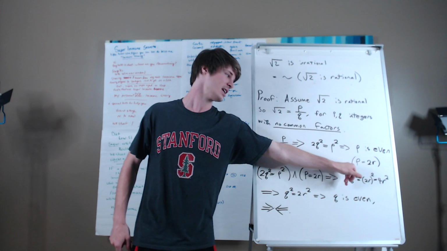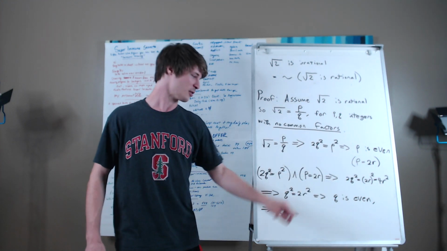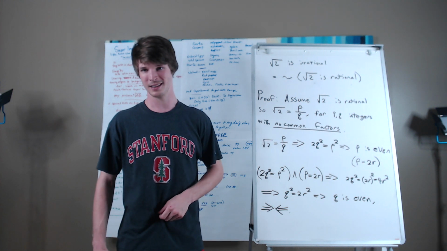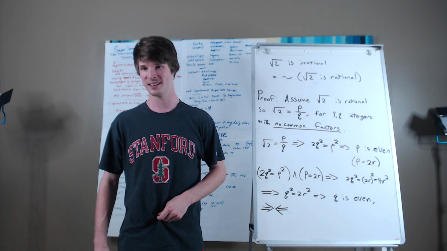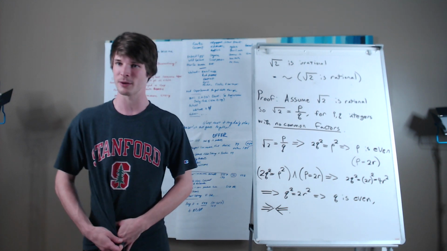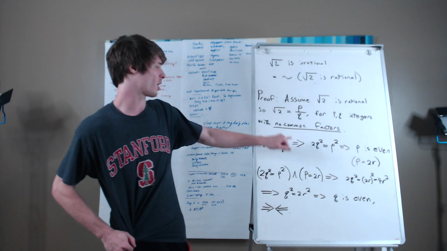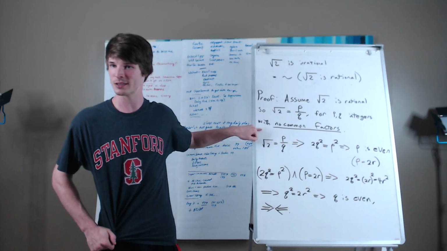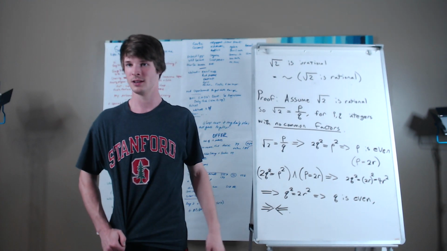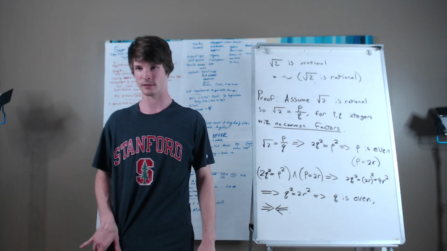Well, because if something's even, then it's equal to 2 times something. So if q is equal to 2 times something, and p is equal to 2 times something, well, I should be able to divide out that common factor. They clearly have a common factor, a factor of 2, but that contradicts my assumption that they have no common factors. It can't be true that they have no common factors and have a common factor of 2.